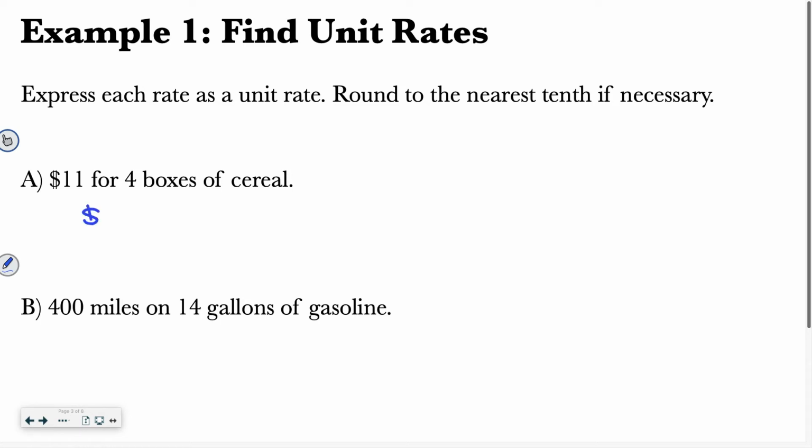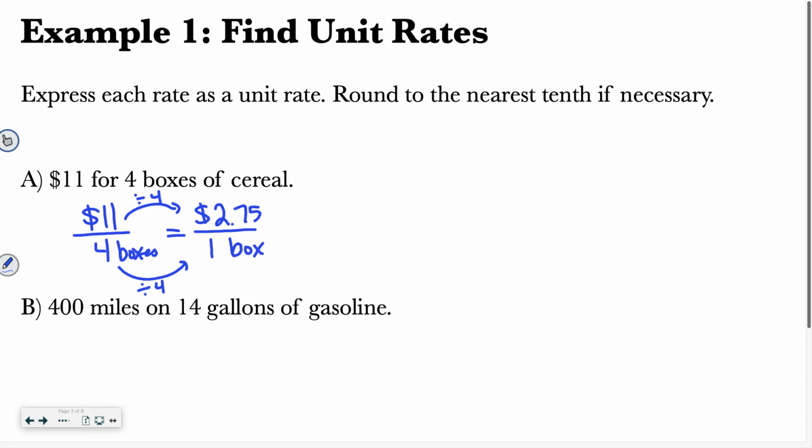The way that we do that is we say $11 for 4 boxes, and we're going to do 11 divided by 4, which is 2.75. And if we divide the top by 4, we have to divide the bottom by 4. So 4 divided by 4 is 1. So our unit rate is $2.75 per 1 box of cereal. Okay, that is a unit rate. That's how you find it.